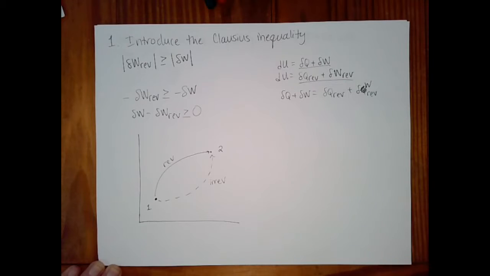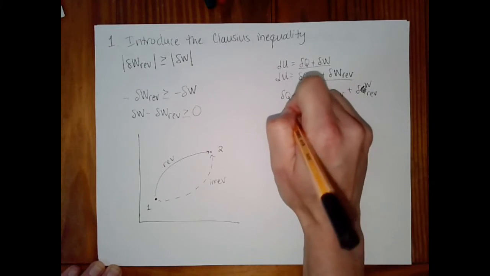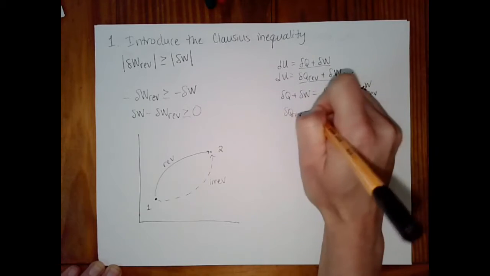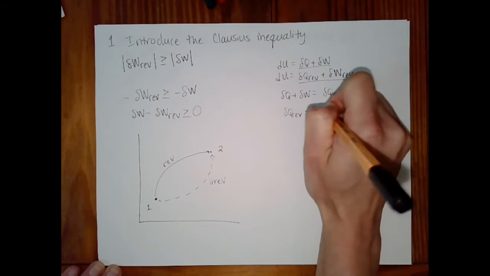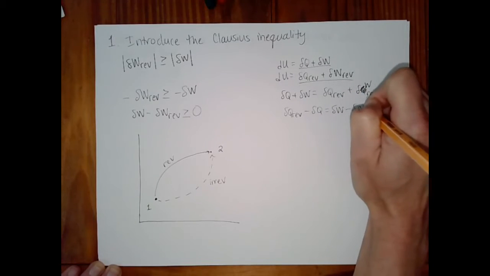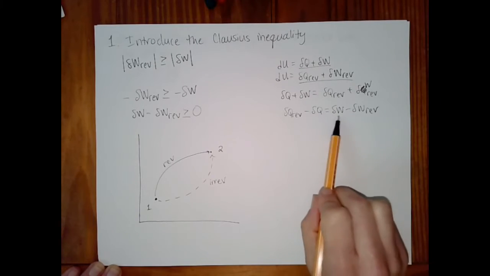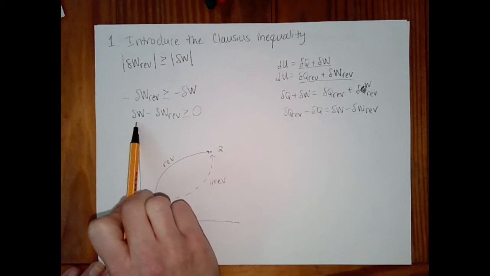And you can rearrange this equation to arrive at delta q reversible minus delta q, delta w minus delta w reversible. All right, this here is why we did this little mini derivation.